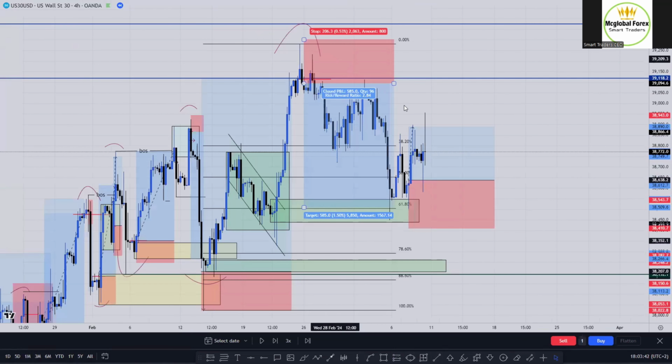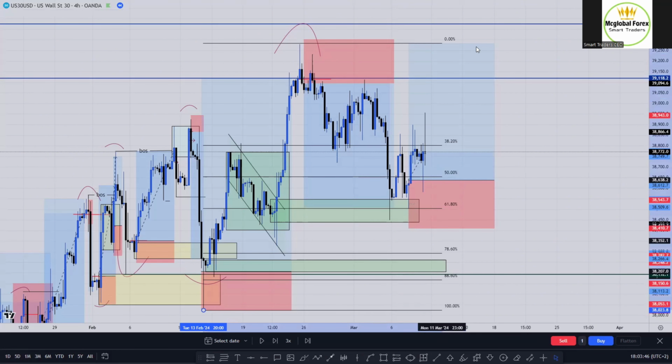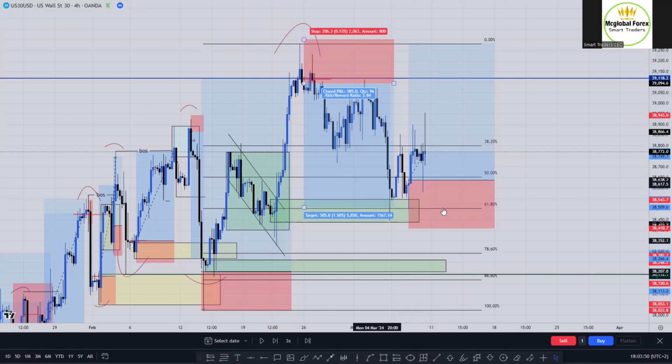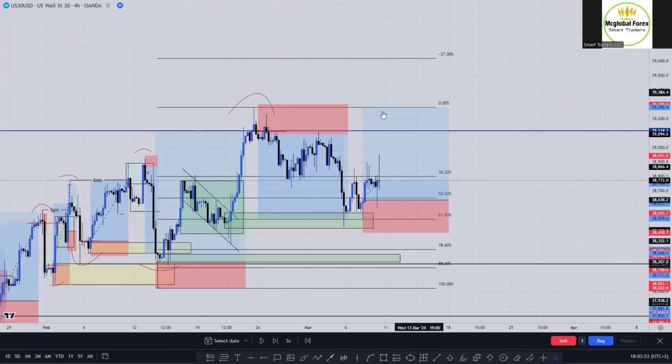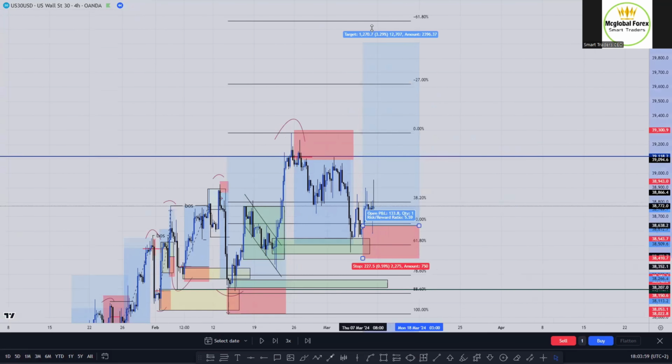Once we enter here, your TP is 0%. That's what you're targeting as your first TP. Then negative 27 is TP2, then TP3 if it continues all the way up there.